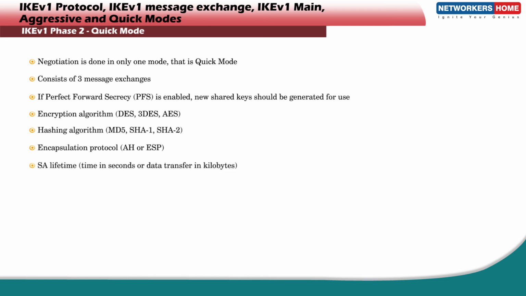SA lifetime: time in seconds or data transfer in kilobytes. Mode: tunnel or transport. Once IKEv1 Phase 2 negotiation is complete, a unidirectional SA is generated by each peer. Each peer will generate at least 2 SAs, one in the inbound direction and one in the outbound direction.